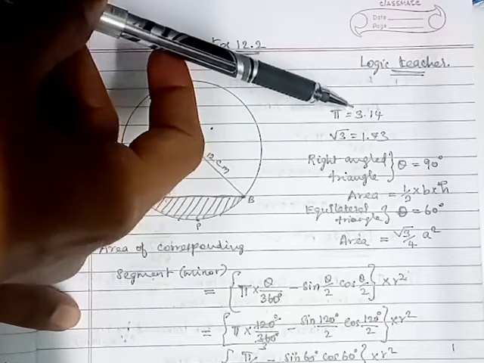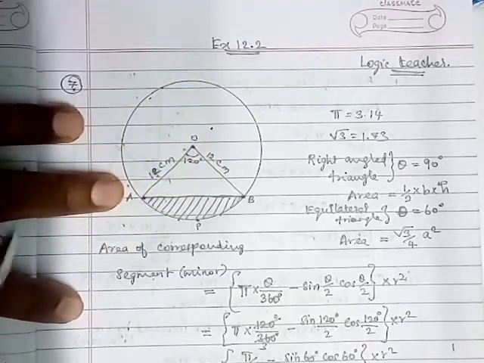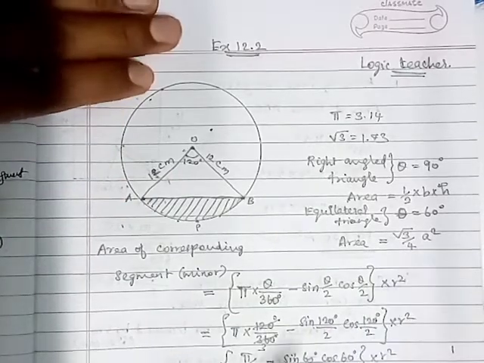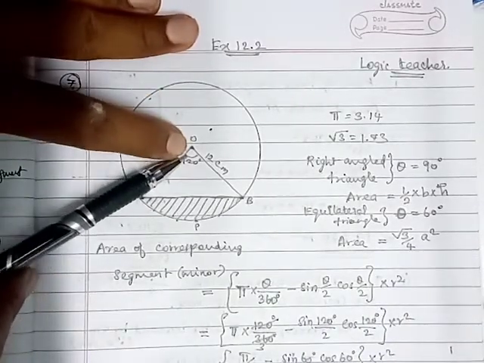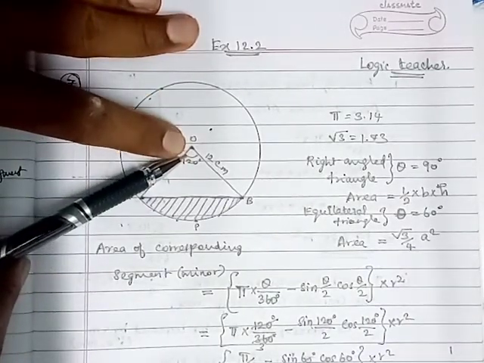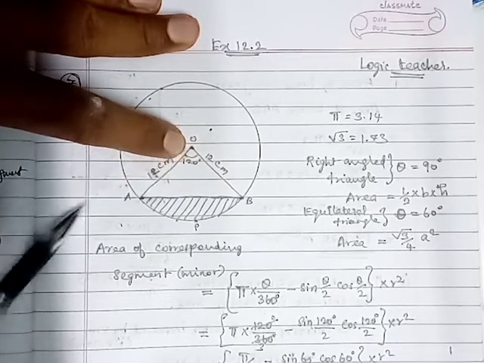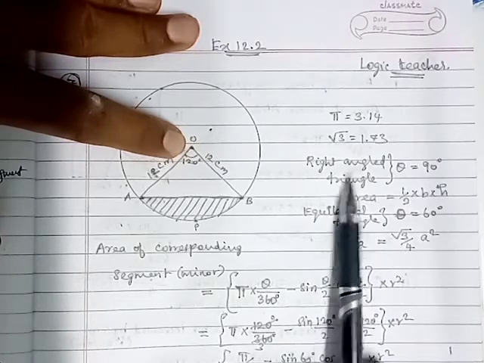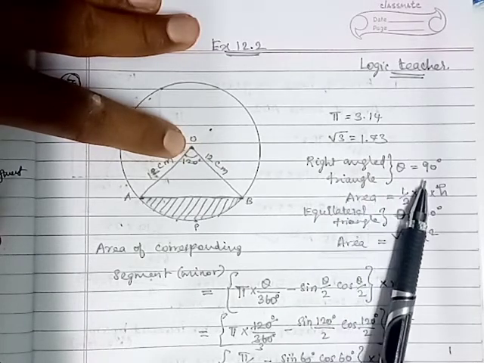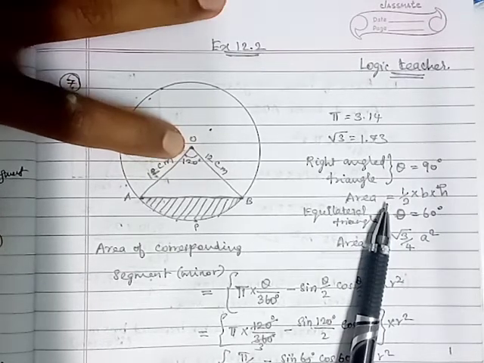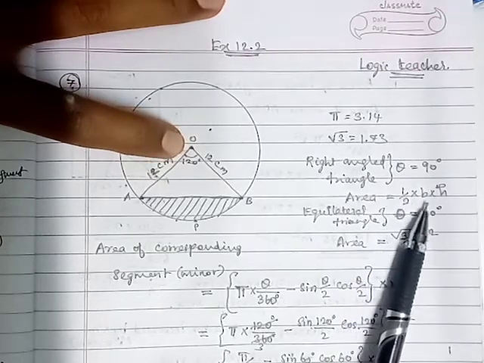Already we know that if the angle theta is 90 degree, that will be a right angle triangle, so the formula for the area is 1 by 2 base into height.